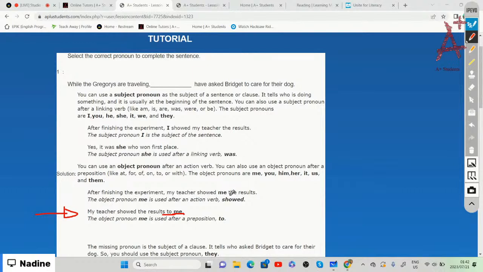So, to me, right? And in our first example, me, which is the object pronoun, comes after the action verb, which is showed, right?